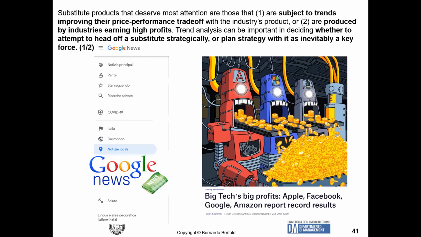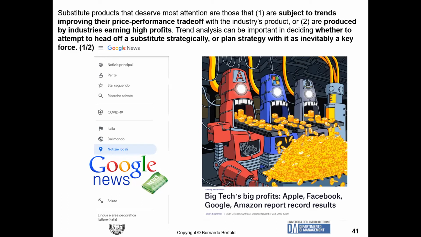So compare your price performance solution for the customer, how you do the job in terms of performance and price, and how other industries are doing the same job for the customer in another way. And if these two industries are competing on the same job to be done, and one of the two is earning high profit, that's an important signal to understand, because there is another industry outside your standard industry competition which is making a lot of money and moving much more speedily on the technology curve.